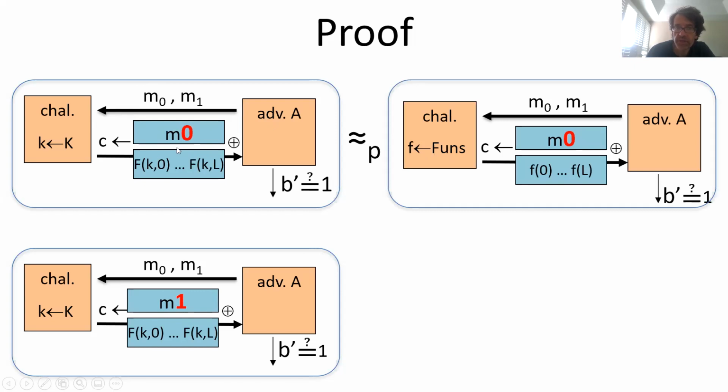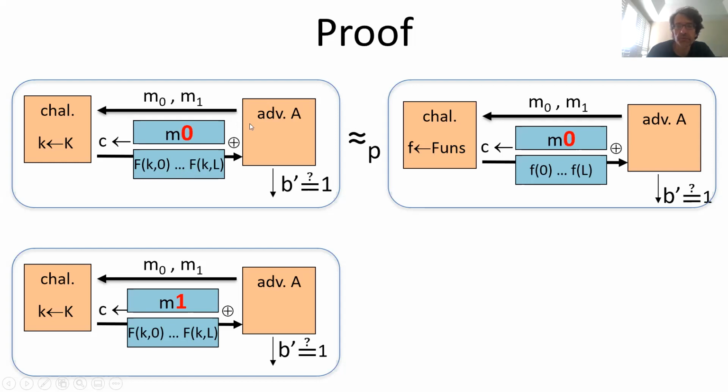If the PRF is secure, then by exactly the same reduction that we did in the case of the stream cipher construction, where this line here was a PRG output on a key K, if there is a distinguisher between PRF outputs on constants 0, 1, 2, 3, up to L, then there would have to be, let me say it this way.